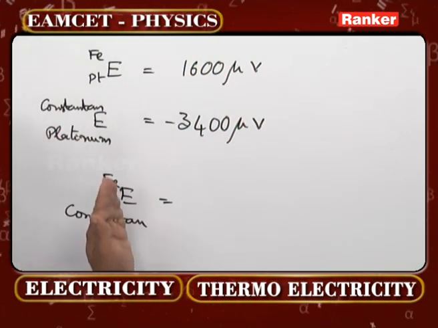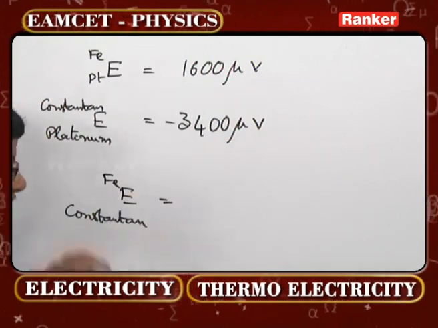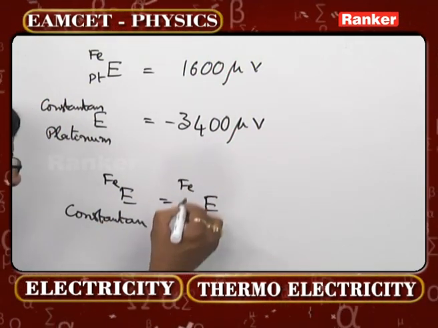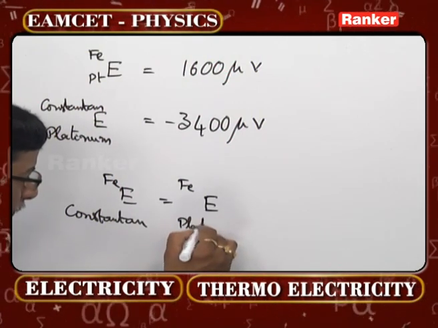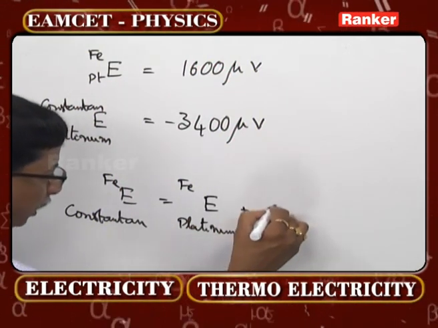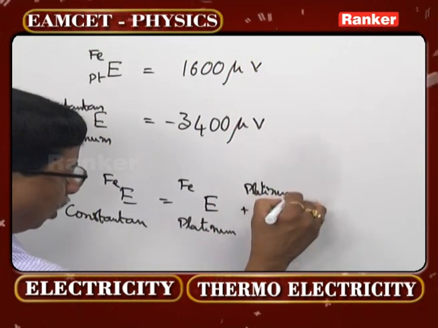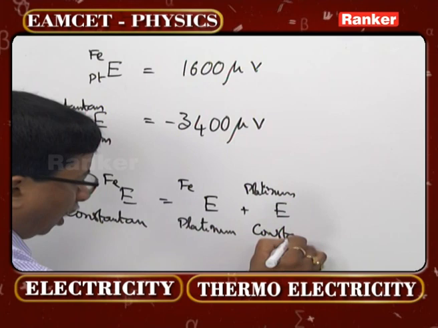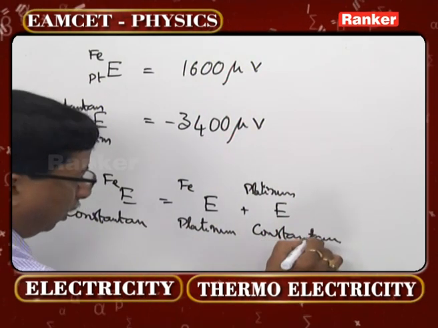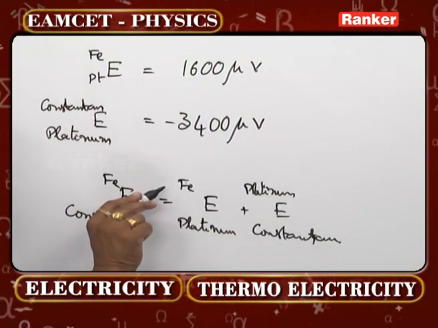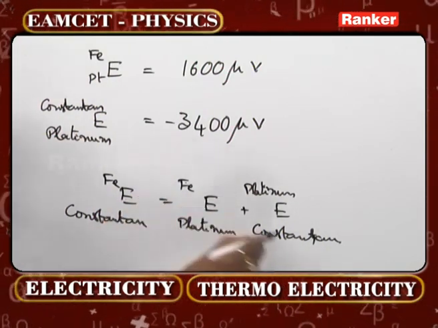Officially according to the law of intermediate metals, this is equal to EMF across iron platinum plus EMF across platinum and constant. The order you see carefully. Iron platinum, platinum constant. Ultimately you get iron constant combination.